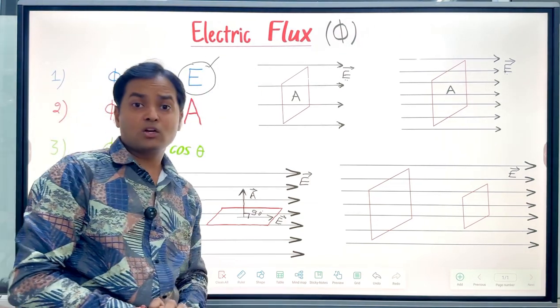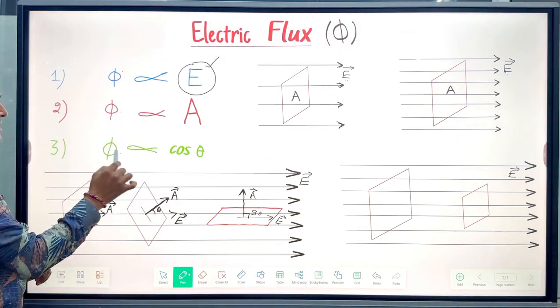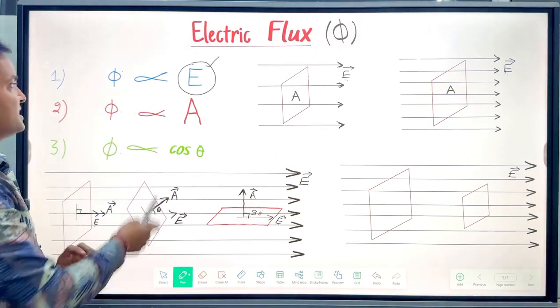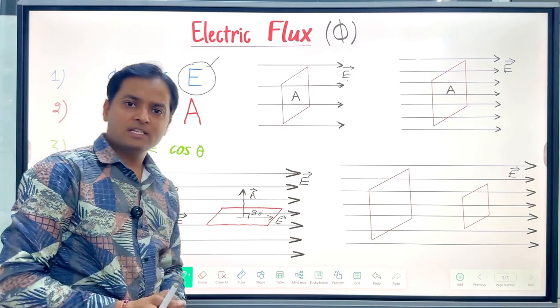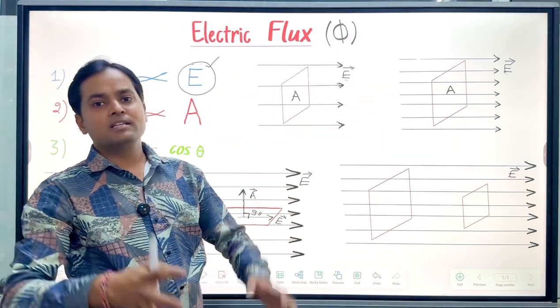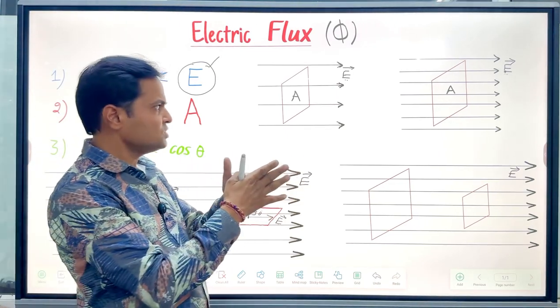There are three basic factors which affect electric flux. What is electric flux? Electric flux is the number of electric field lines crossing the given surface area normally.